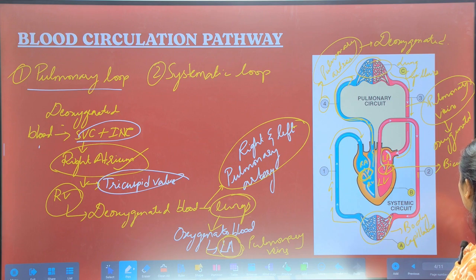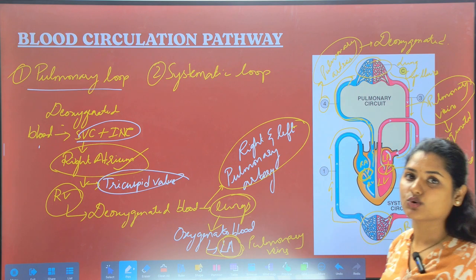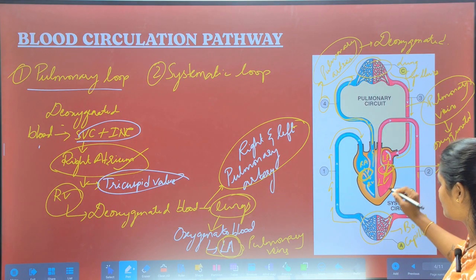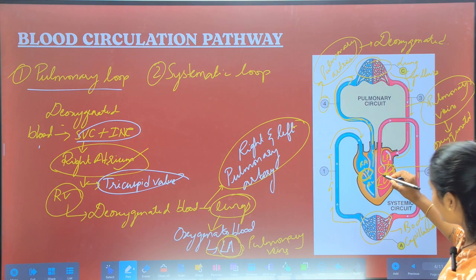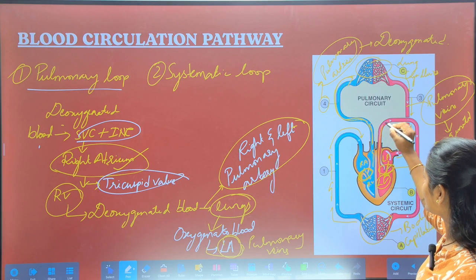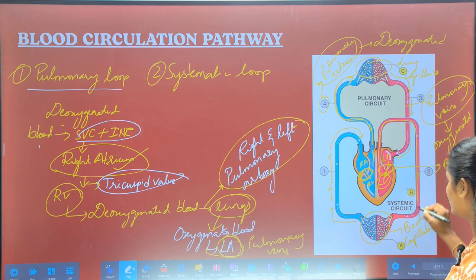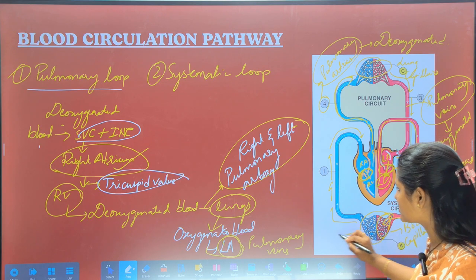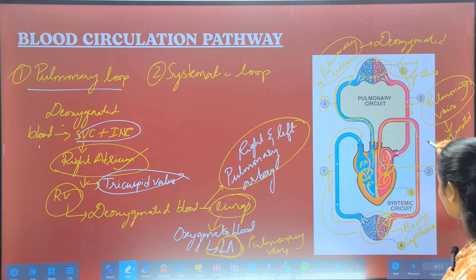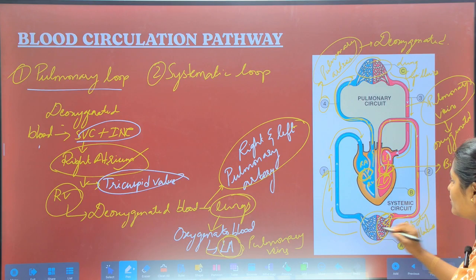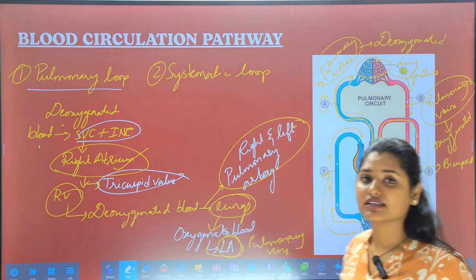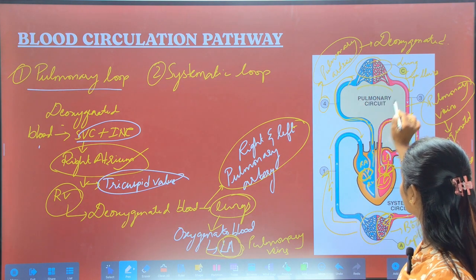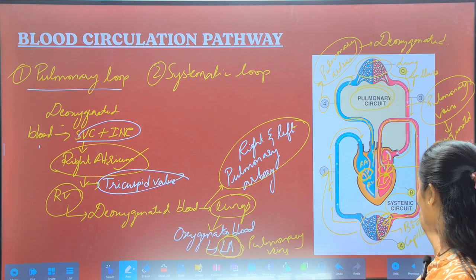The bicuspid valve is opened and oxygenated blood is pumped to the left ventricle and travels to the aorta to the different parts of the body. So deoxygenated blood comes from this side and oxygenated from this side. That's why it is called double circulation. This circuit is called pulmonary and this circuit is called systemic.